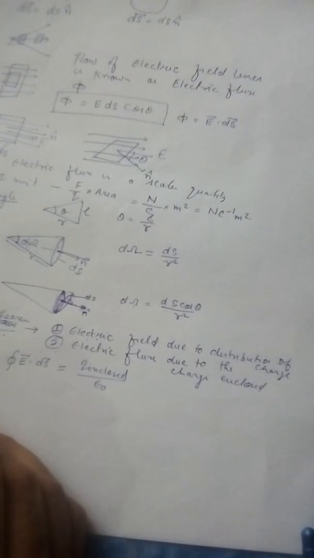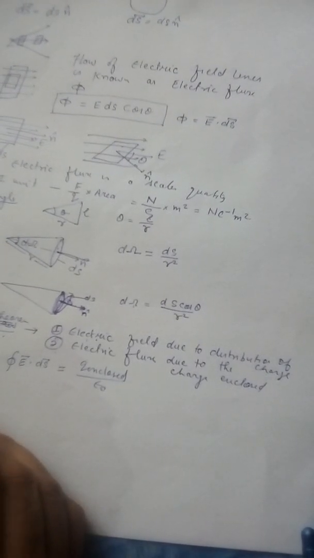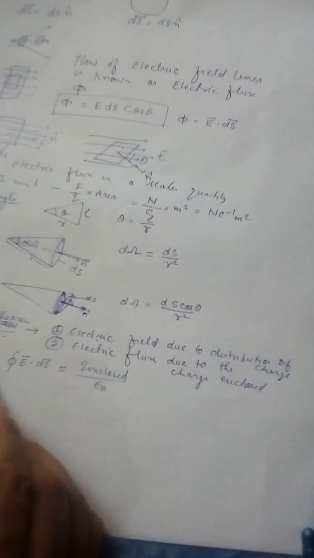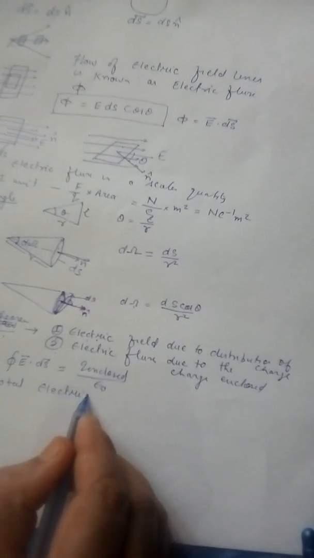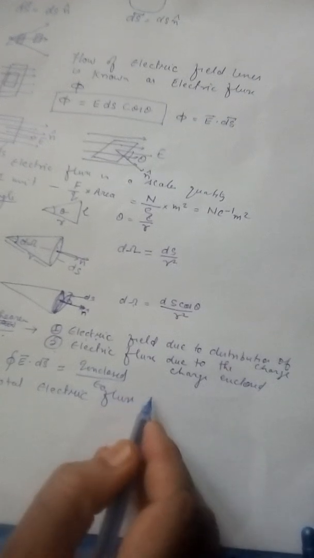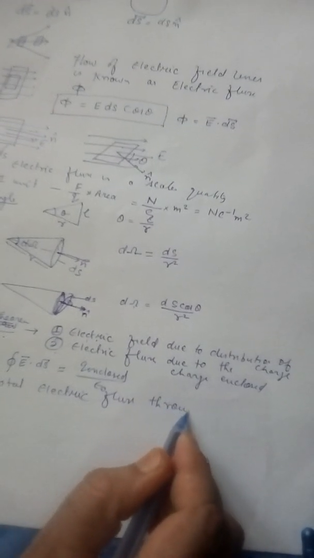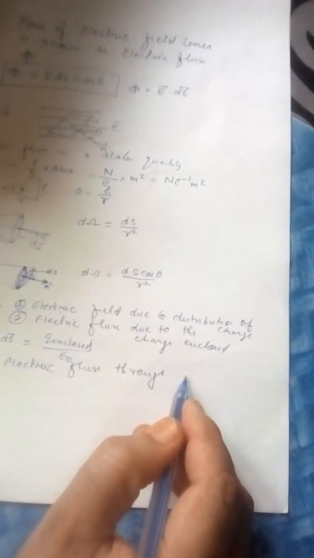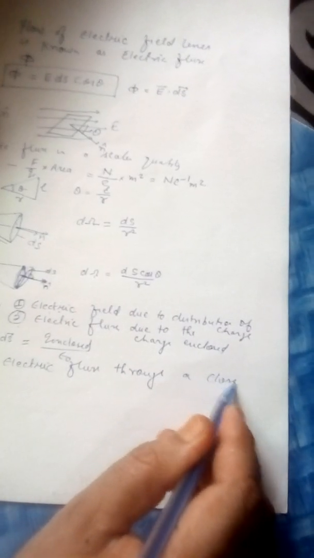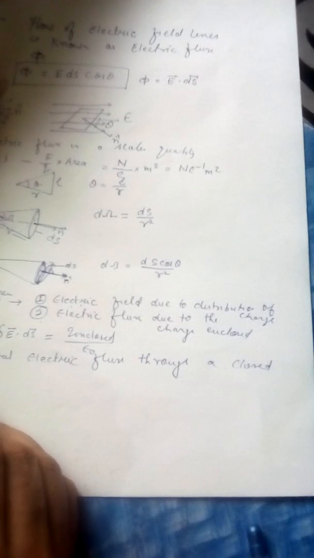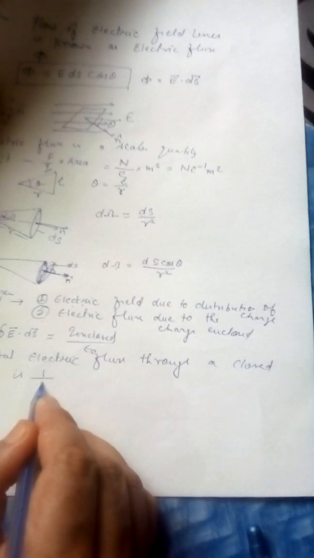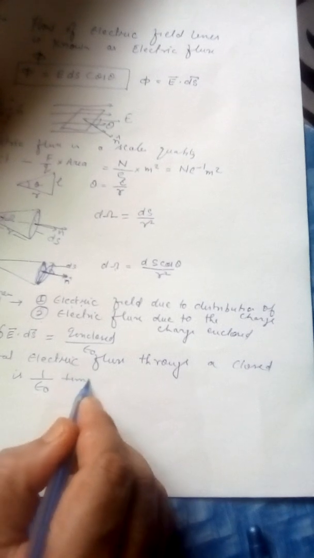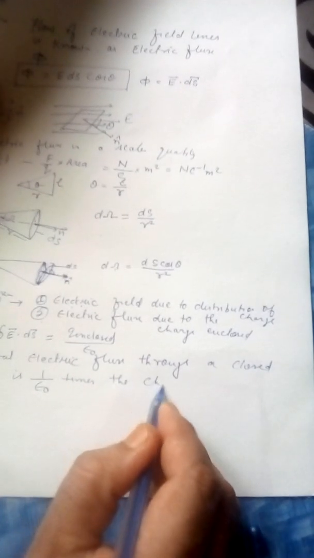So what is Gauss law? Gauss law is the total electric flux through a closed surface is 1 by epsilon naught times the charge enclosed.